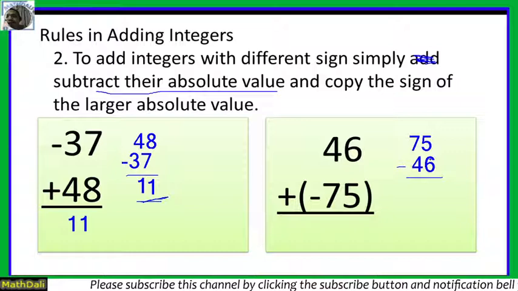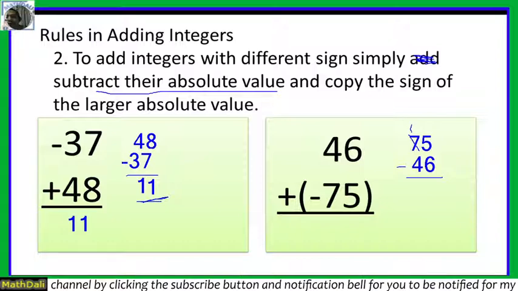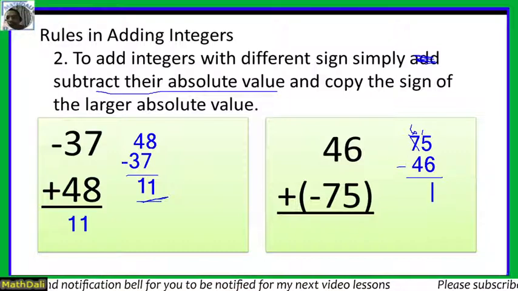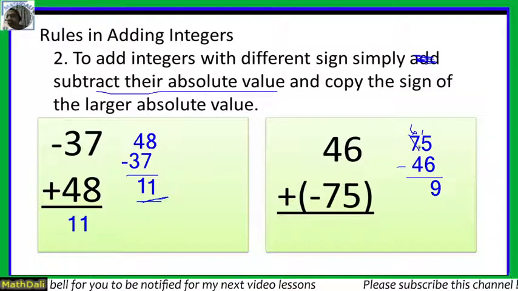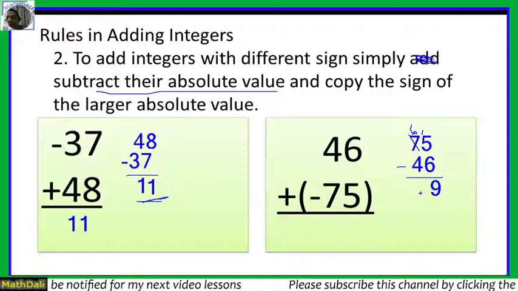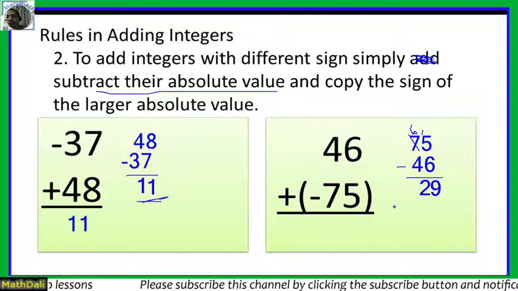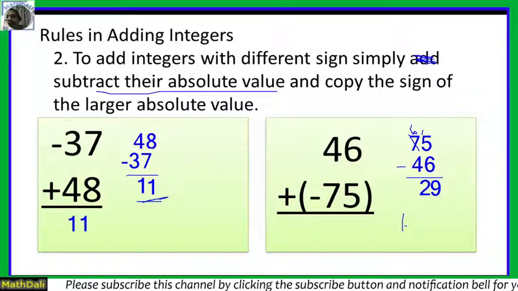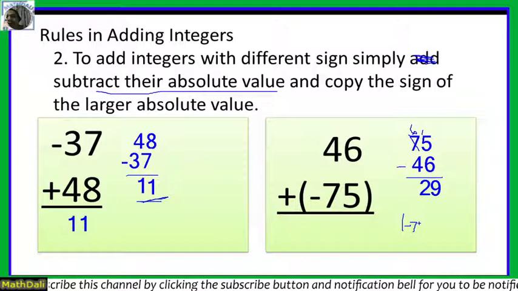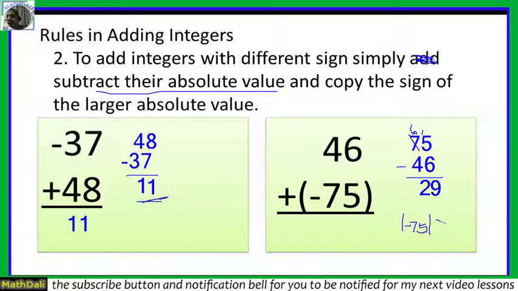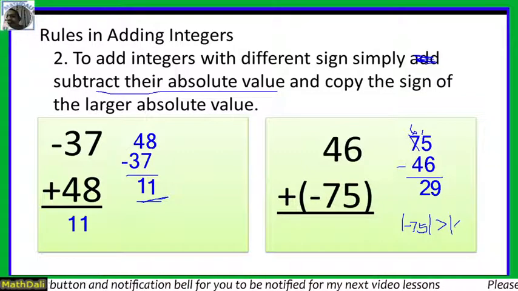So, 5 minus 6, that cannot be. So, baro tayo dito ng 1. This becomes 6. So, magiging 15. So, 15 minus 6, that will be equal to 9. Okay, so 9. Then we have 6 minus 4, that will be equal to 2. Ayan. So, dito, yung absolute value ng negative 75 is actually greater than the absolute value of 46.